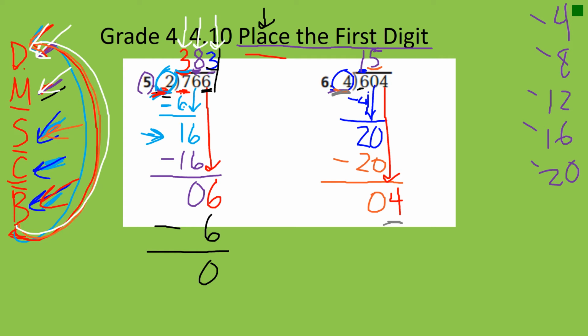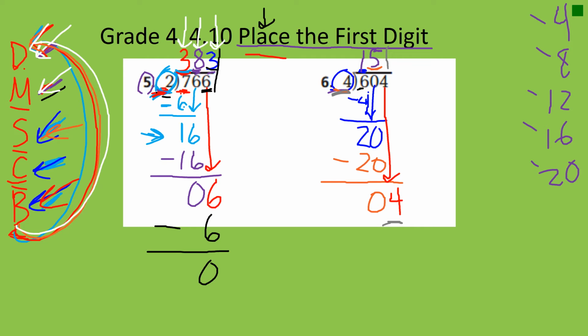4 into 4. Can 4 go into 4? Sometimes kids get stumped on this one. And they're like, 4? What? 4 times 2 is 8. You know, oh, sure, 4 can go into 4. Just think, if you have 4 circles and 4 ones, everybody gets one, right? 4 goes into 4 one time.